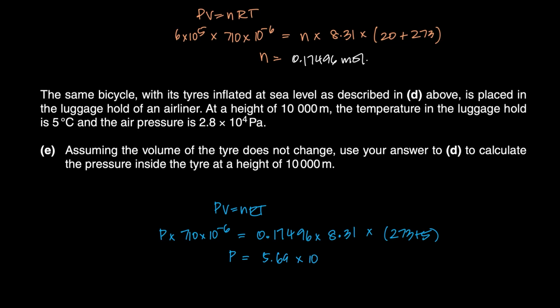What's the new pressure? It should give you 5.69 times 10 to the power of 5 pascals, which is a lot more than the air pressure inside the cabin, and which might result in the tire bursting, by the way. So just showing you the difference in the pressure by taking the same gas tire at airline, I mean, high altitudes.